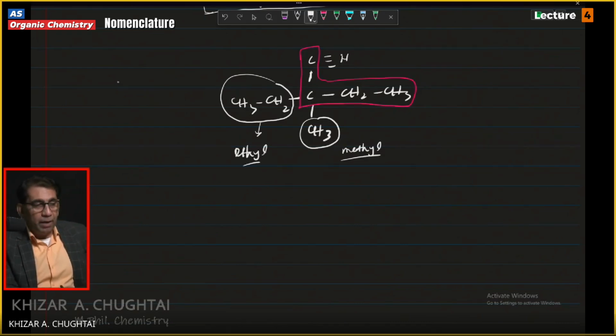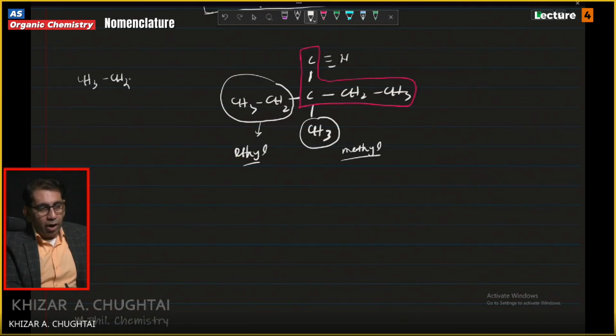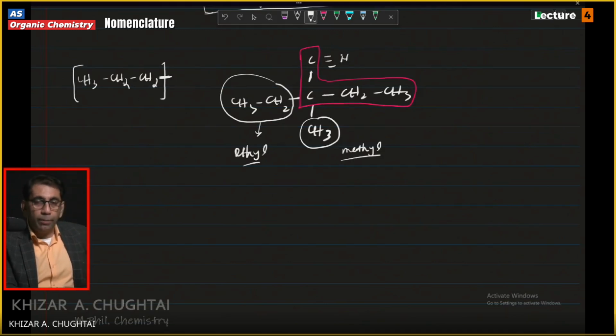As I told you in my previous lecture, if you have three carbon atoms as a branch, and you are connecting this whole molecule with any other molecule as a branch, its name will be propyl. Again, I'm putting YL instead of ane.